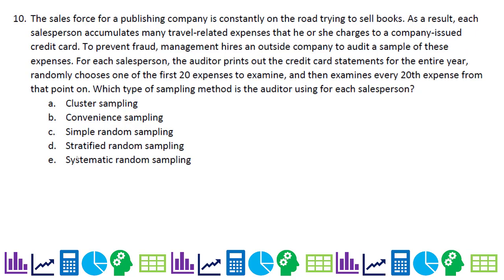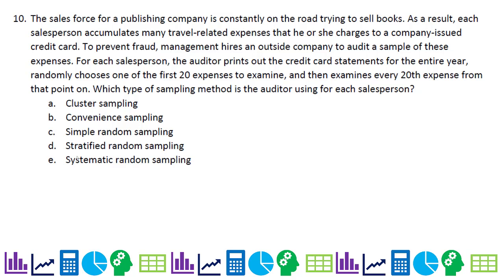Number 10, the sales force for a publishing company is constantly on the road trying to sell books. As a result, each salesperson accumulates many travel-related expenses that he or she charges to a company-issued credit card. To prevent fraud, management hires an outside company to audit a sample of these expenses.